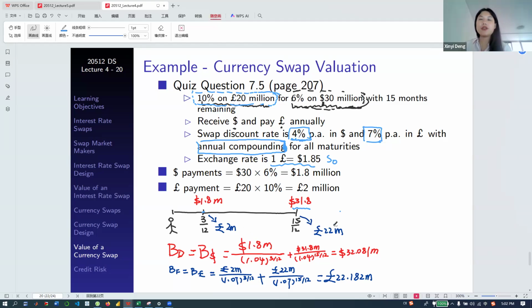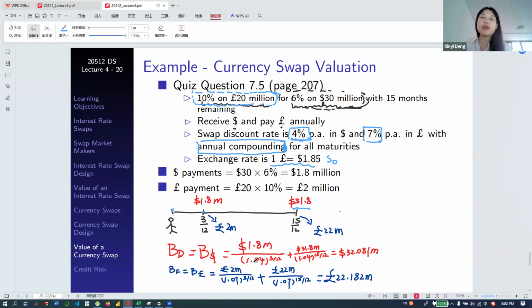And after 15 months, we are not only paying the principal, we are also paying the interest payment. So it's going to be 20, the principal, plus 2. With those projections, all we need to do then is discount it back again to the current time, to this point in time here.